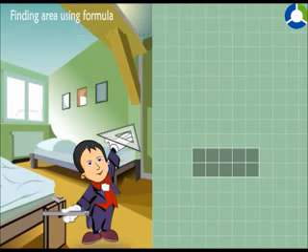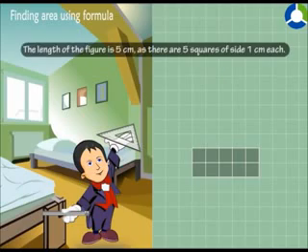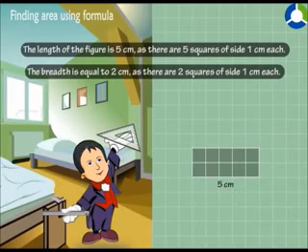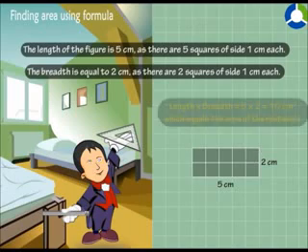Look at this figure. The area of this figure is 10 square centimeters. The length of the figure is 5 centimeters as there are 5 squares of side 1 centimeter each. The breadth is equal to 2 centimeters as there are 2 squares of side 1 centimeter each.